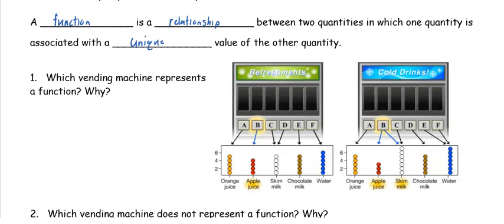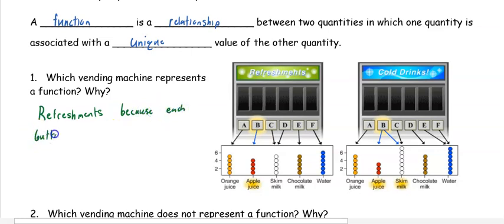So remember, with a function, we need to have a unique value for each input. In this case, our machine that's going to represent a function would be refreshments, because each button, which is our input, is going to a unique drink, which is our output.